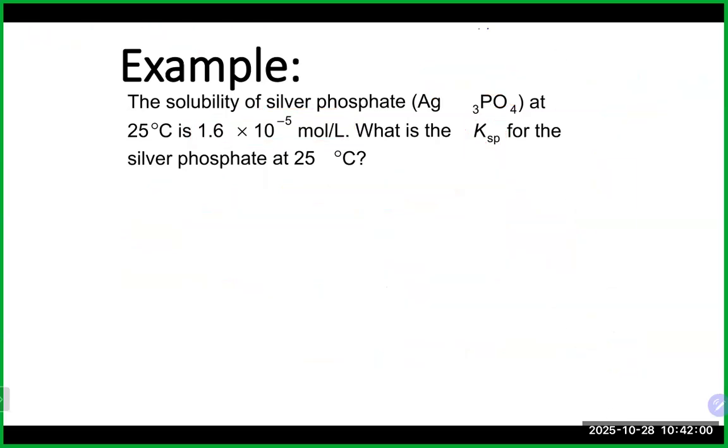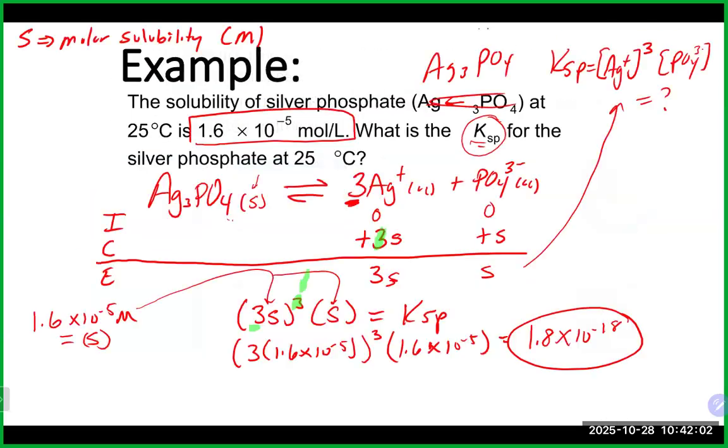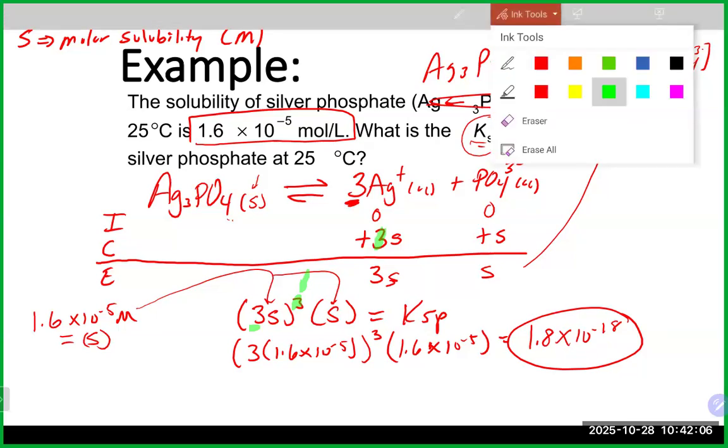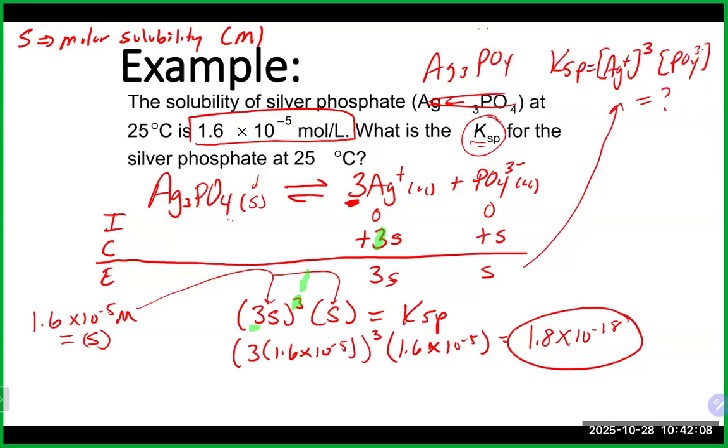Now, when I say you don't maybe have to do an ice table, if you understand molarity, you could take, and it's really what the ice table is doing, this breaks apart into this guy here.